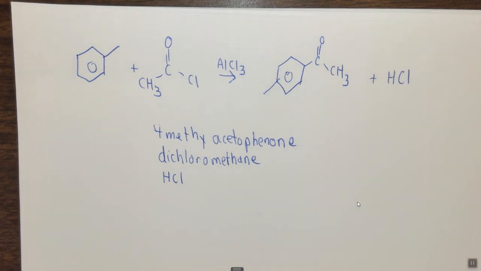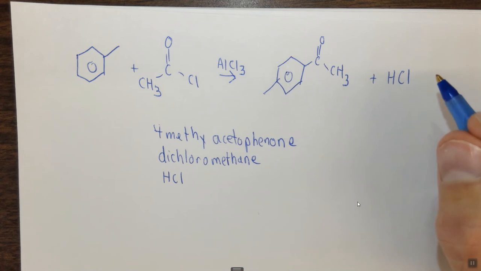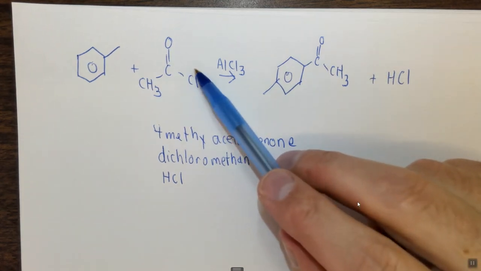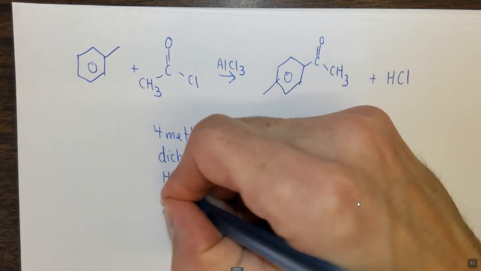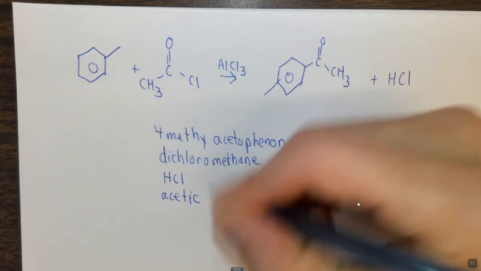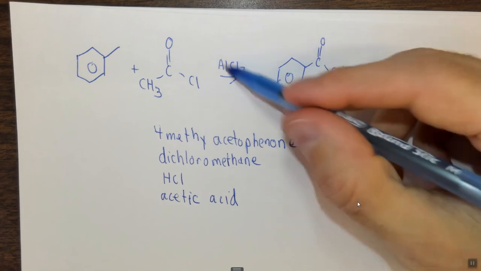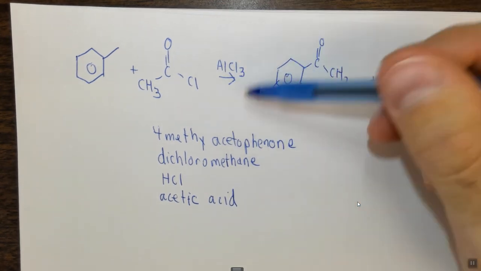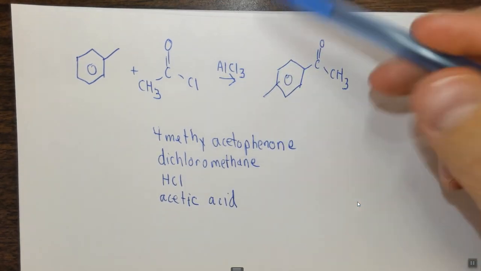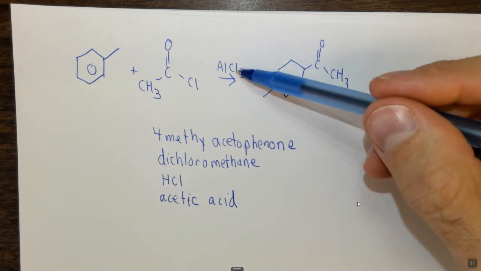So you're going to have 25 grams of ice. You're going to add to that 12.5 milliliters of concentrated HCl, as I said before, to work it up and keep the aluminum salts soluble. Any unreacted acetyl chloride is going to become acetic acid. And the aluminum, who knows what it is, okay? Maybe it's aluminum chloride, maybe there's some hydroxide there, although there shouldn't be too much in a strong acid.